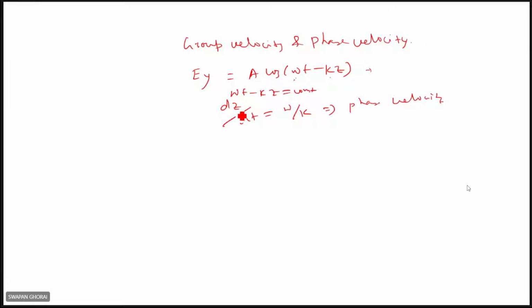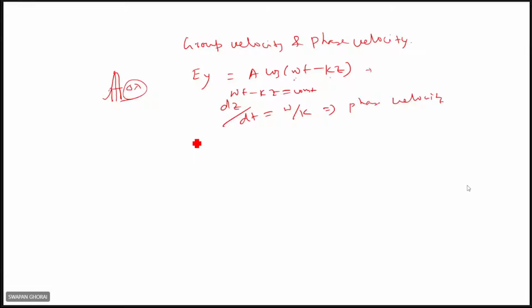Even a red light is not a delta function. Rather, some spread is there, some delta lambda is there, right? Different lines, different wavelengths will be there. So all the time some spread will be there. That means you always get non-monochromatic or quasi-monochromatic waves.